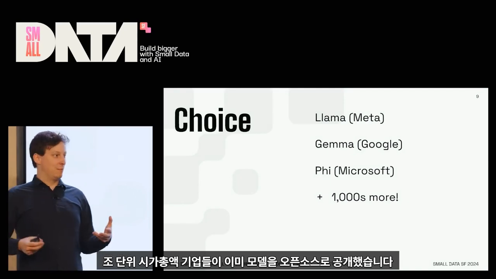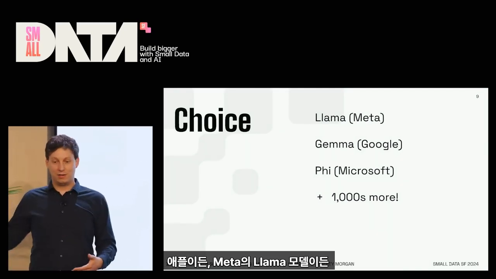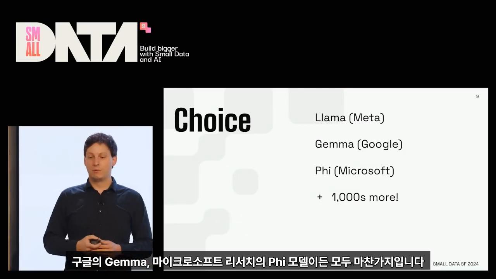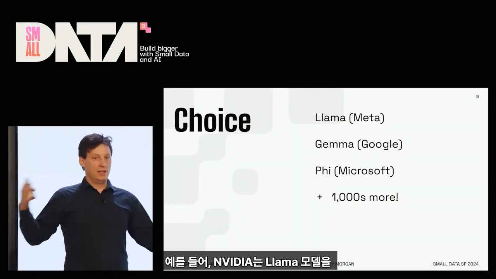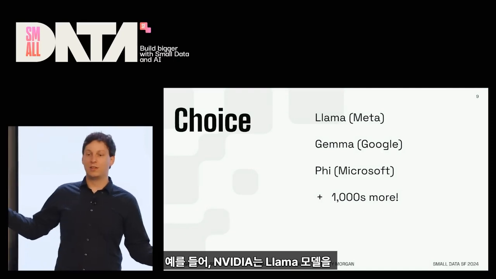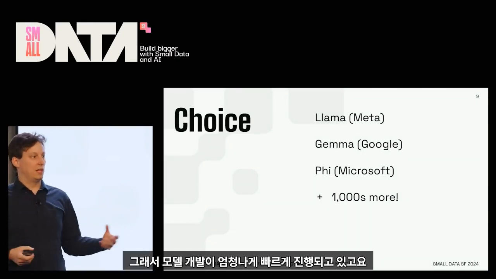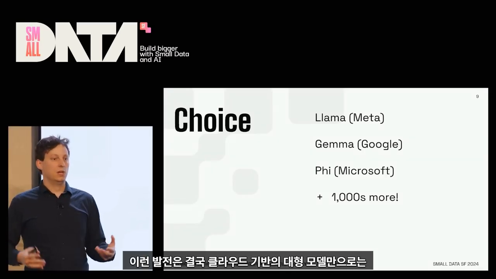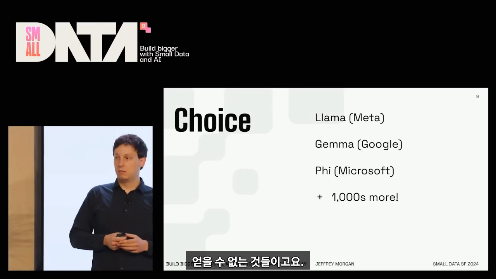Almost every trillion-dollar company in the world has open sourced a model already, whether it's Apple, the LLaMA models from Meta, Gemma from Google, or Phi from Microsoft Research. Each of these has already been fine-tuned and, for example, NVIDIA has distilled the LLaMA models into a whole new type of model. So there's been this incredible development of models and a whole ecosystem forming, which you just will not get through the cloud scale models.